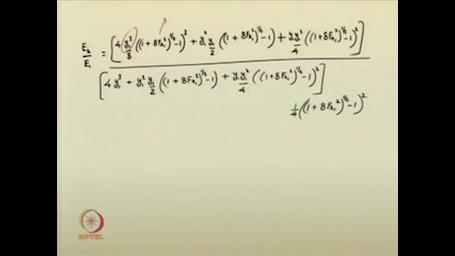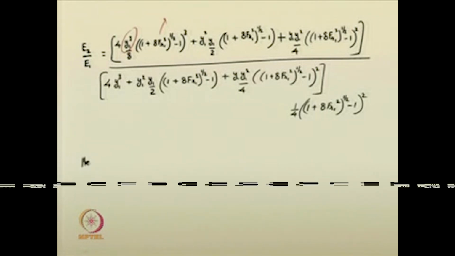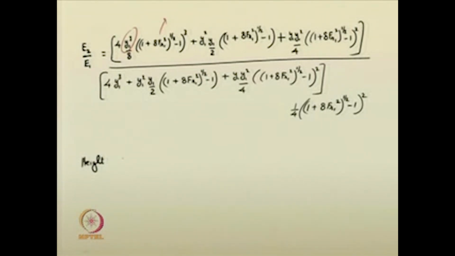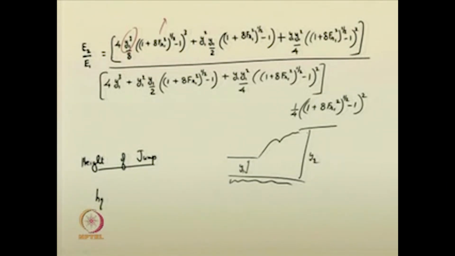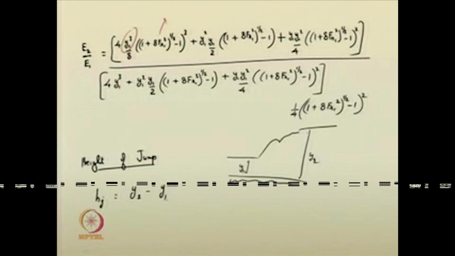Next characteristic of the rectangular jump is the height of the jump. You can think of the height of the jump also. So you have the jump, this is the pre-jump depth, this is the post-jump depth. So the height of the jump, h f or h j, just to avoid confusion, let me write h j, is nothing but y 2 minus y 1, a simple terminology.